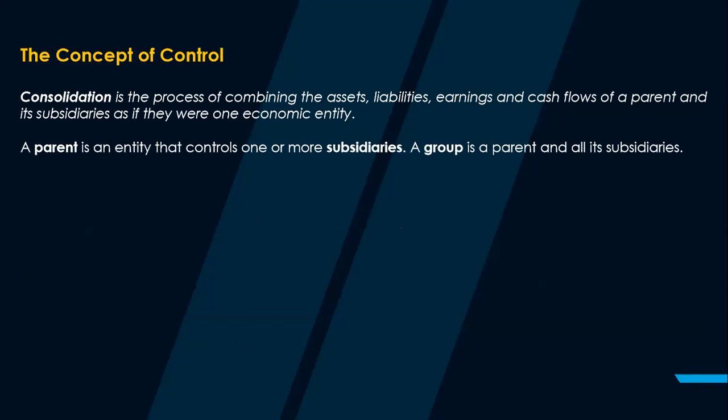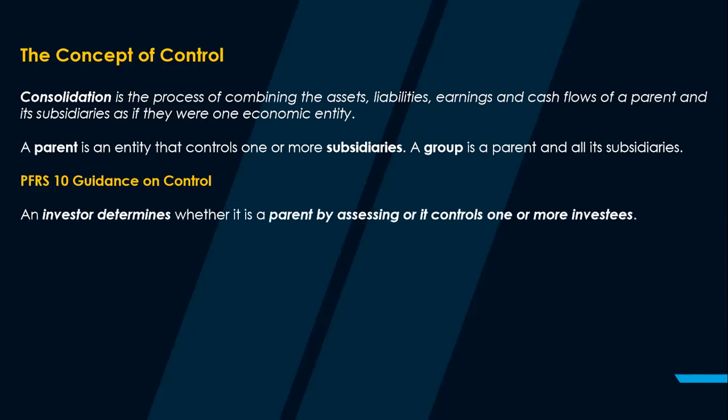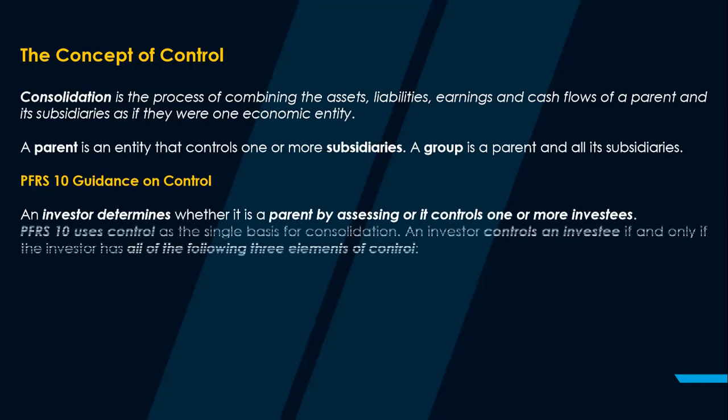A group is a parent and all its subsidiaries. PFRS 10 guidance on control: an investor determines whether it is a parent by assessing whether it controls one or more investees. PFRS 10 uses control as a single basis for consolidation.